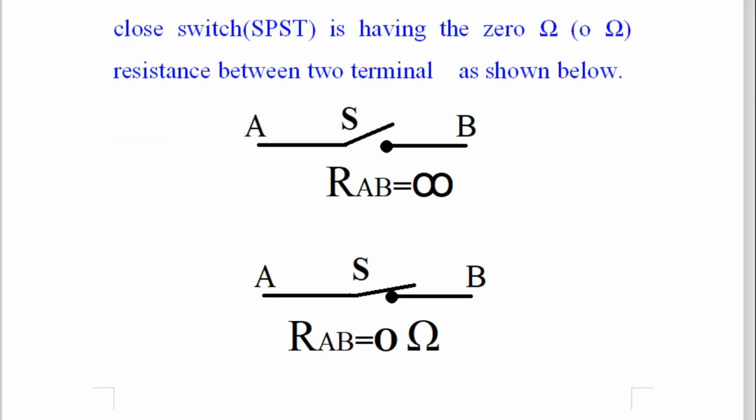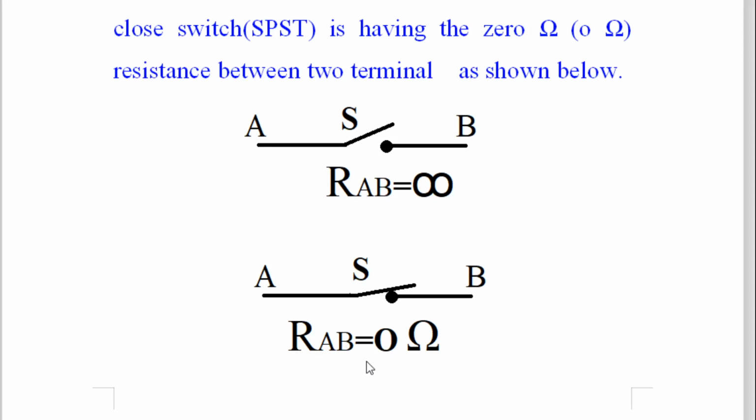And see here, when you keep the switch open, terminal A, terminal B, RAB, meaning resistance between terminal A and terminal B, equals infinity. And when you close the same switch, switch S is now closed, terminal A and B are now connected to each other, and RAB equals 0 ohm.